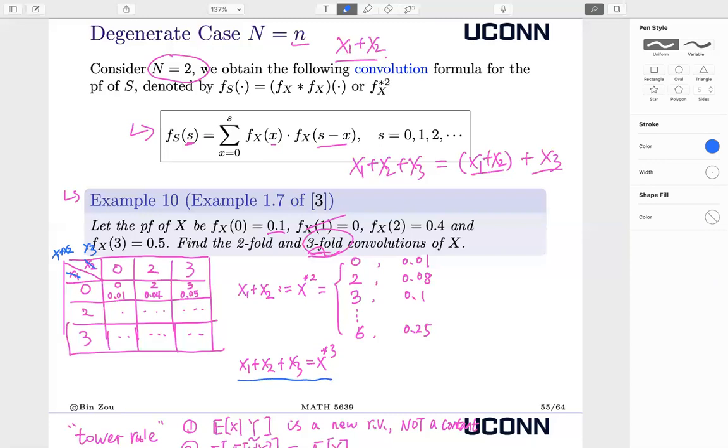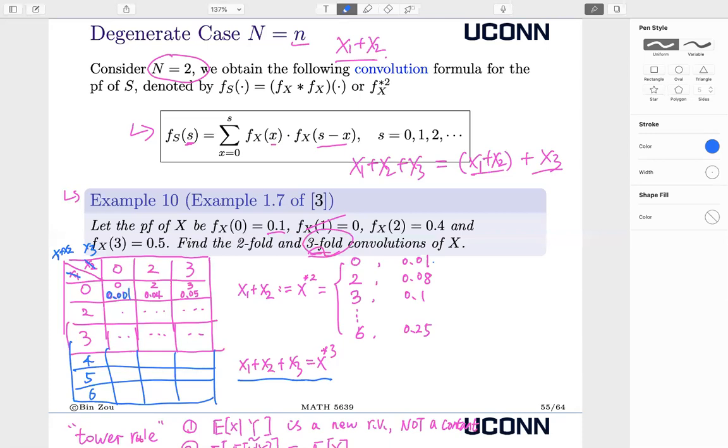So the row stays the same, but for the column, I need to expand to 4, 5, 6. Everything else is pretty much the same. So for 0, the probability is no longer 0.01; it will be the probability of the twofold, which is 0.01, times 0.1. So here it becomes 0.001. So you can continue.